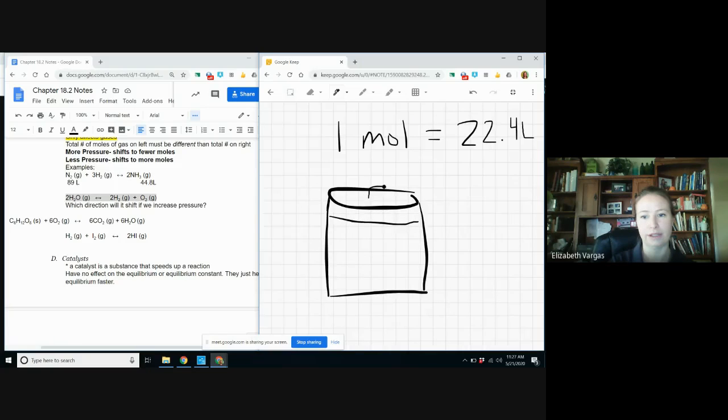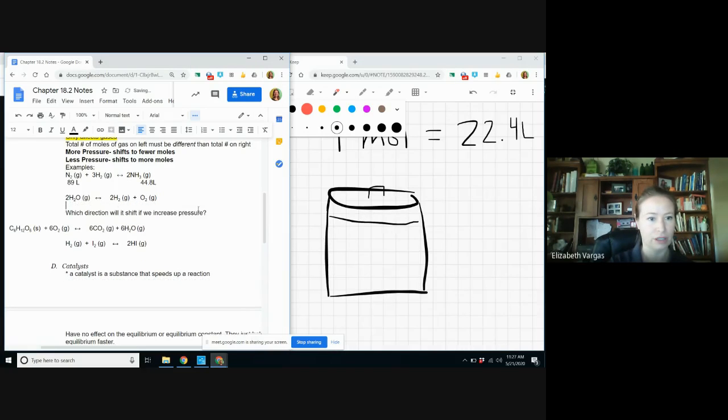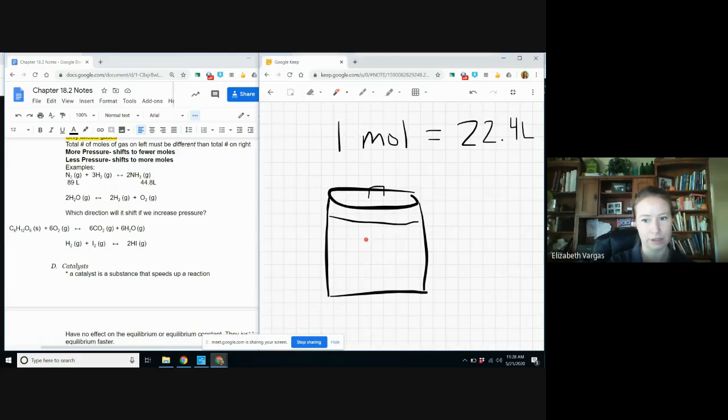All right, so there's our little container with our little piston that can go up and down. We have oxygen. Let's say, how many should I draw? Let's draw 4 water molecules. Oh, dang it, being really big.